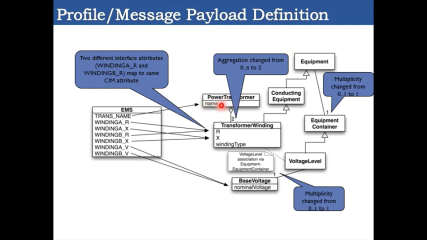So we have the name attribute in the power transformer class. This trans_name will be connected to the name attribute of the power transformer class. Now the winding A and winding B RX values we will get from transformer winding. So R and X of the transformer winding we will get from the transformer winding class.